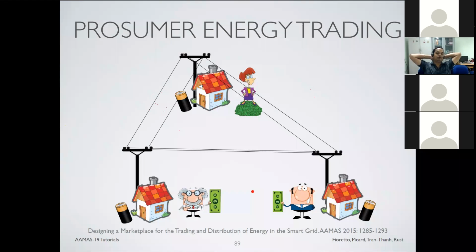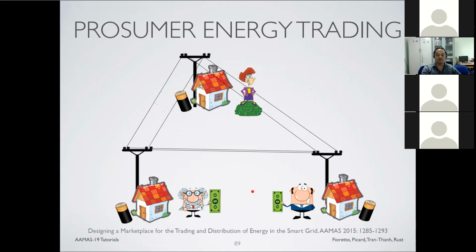So one producer is consuming as well as selling to the market. In coming days, this will be mandatory for all government offices, that you have to put solar panels on the rooftop, so that you can use the electricity for your own consumption as well as sell the excess electricity to the market.